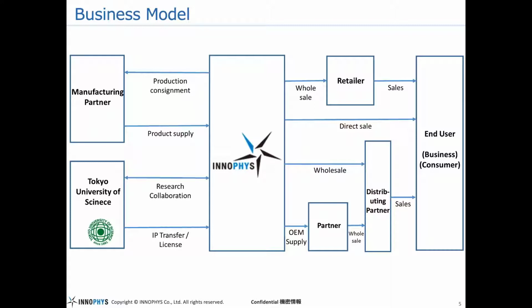In manufacturing, since we are a fabless company, we don't have a factory, so we have manufacturing partners. I'll talk about who our manufacturing partners are later, but this is how our business flows.